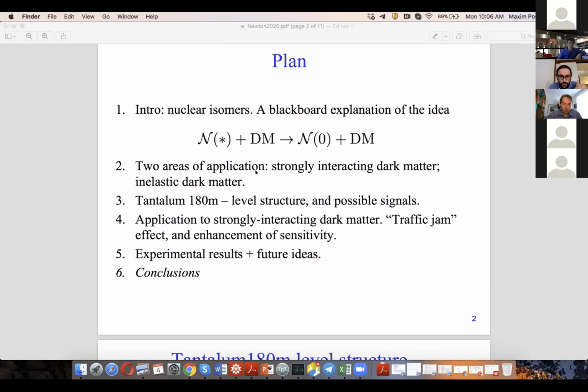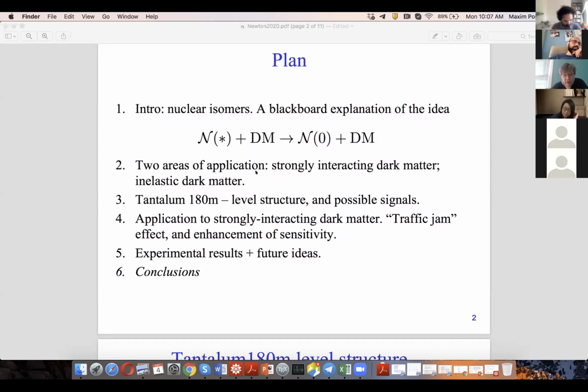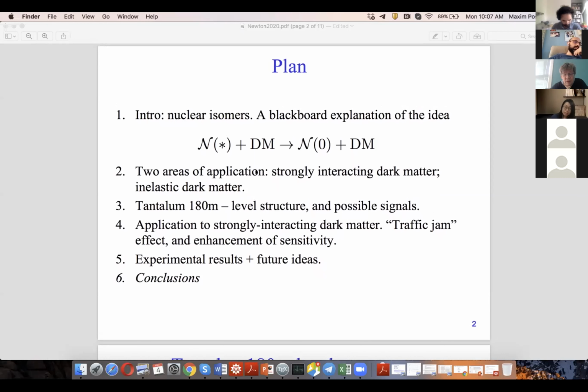In that sense, all multipoles can contribute unsuppressed, and that is actually removing the main reason of longevity for these isomers.